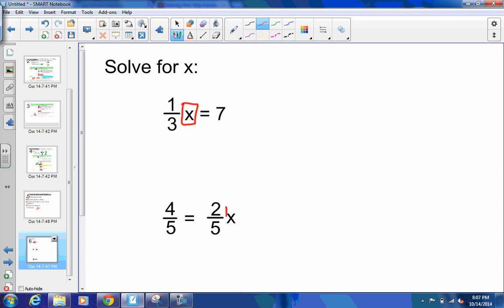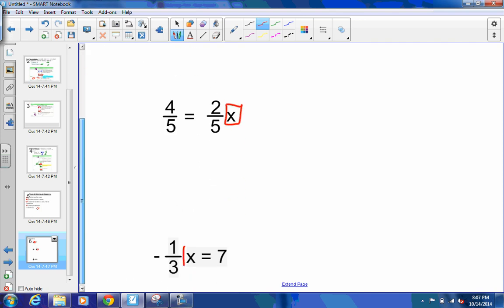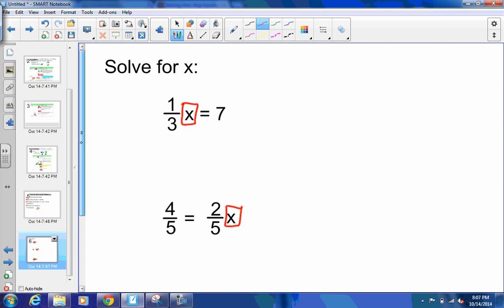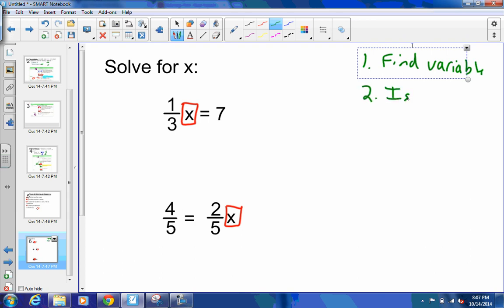I'm going to do all of these in a red box first, and we can skip that step afterwards. Now we want to try and isolate that variable. Step 1, find the variable. Step 2, isolate.